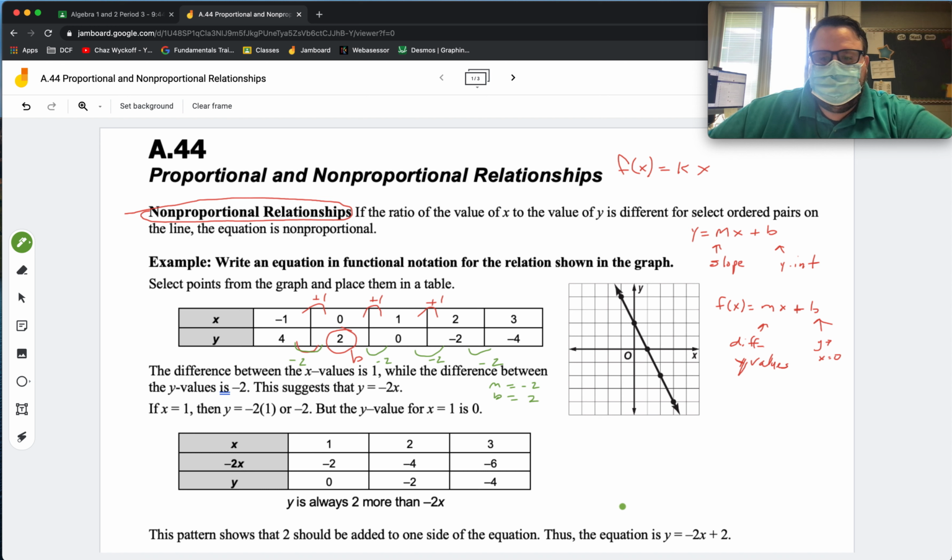So our equation is f of x equals m, which is -2, times x, which is our variable, plus b, and b is 2, so +2. And that's our equation.